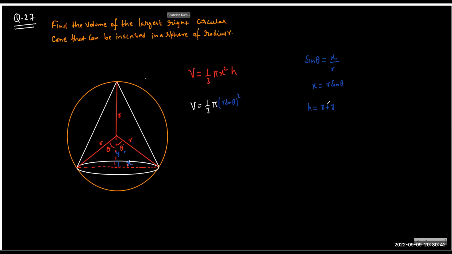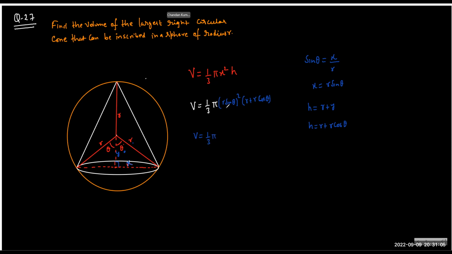And y we can again express in terms of theta. So we can write y equals r cos theta if you look carefully. And by doing so, we eventually convert it into a single variable function, which is theta. Theta is the only variable, everything else is constant.